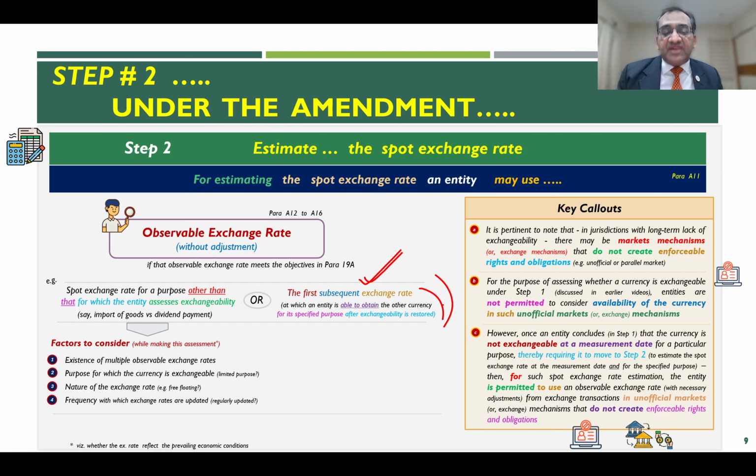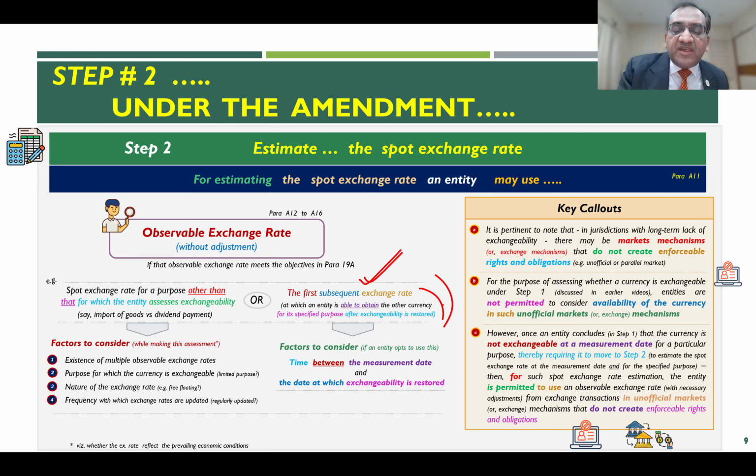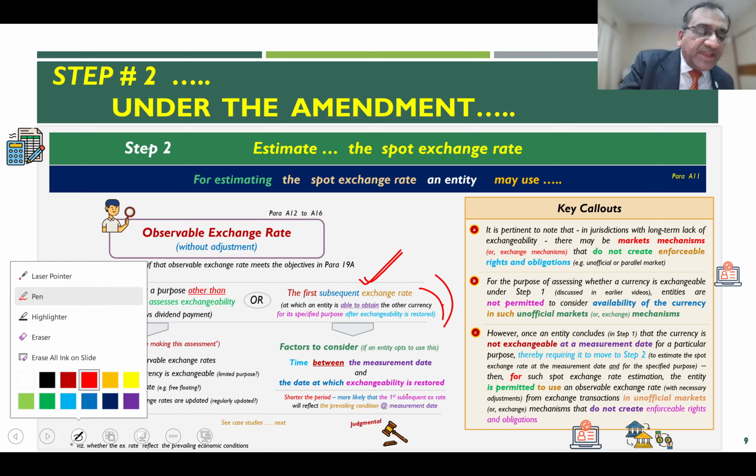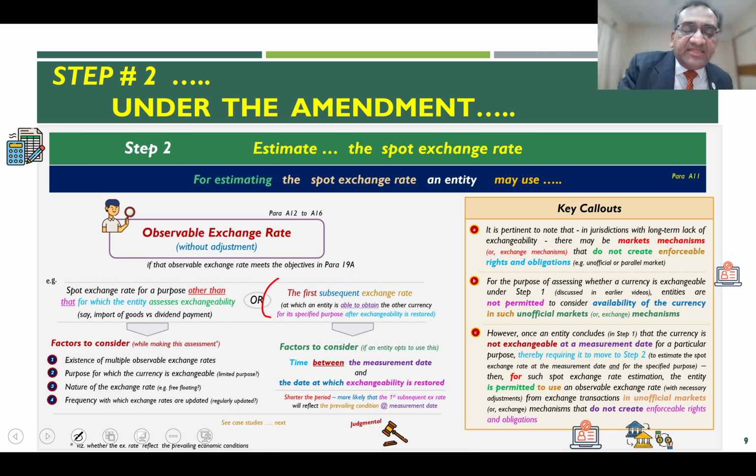Because in certain jurisdictions you may have situations of, let us say, hyperinflation. So when you are applying this methodology, what factors do you need to consider?